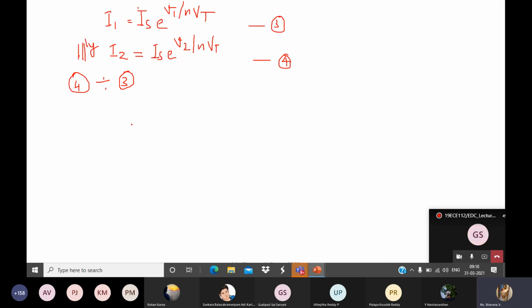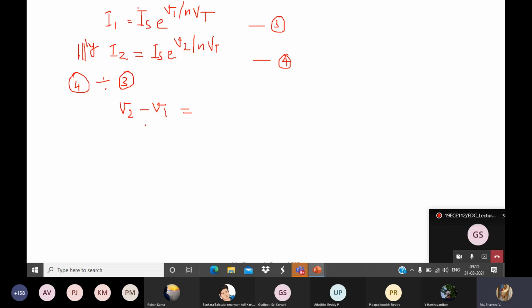Divide 4 by 3 and tell me an expression for V2 minus V1.